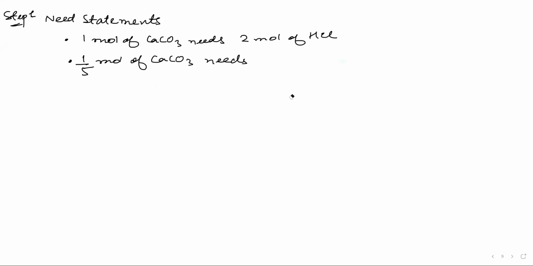For those who cannot understand this, it's 2 into 1 by 5 mole of HCl, so this will be equal to 2 by 5 mole. So how much is 2 by 5? 0.4, right? Yes.